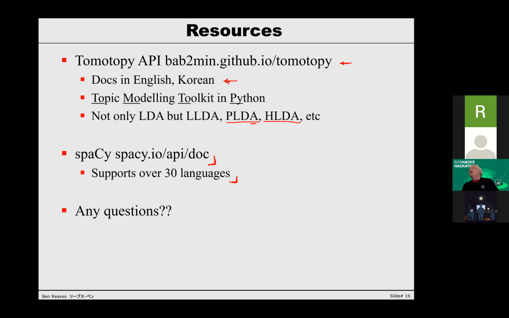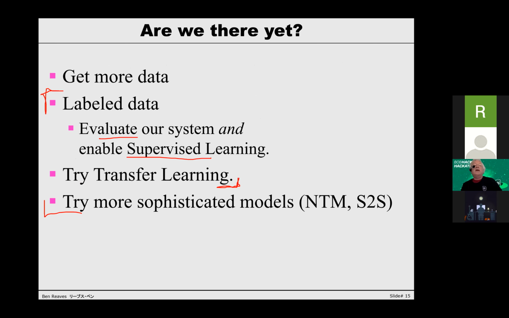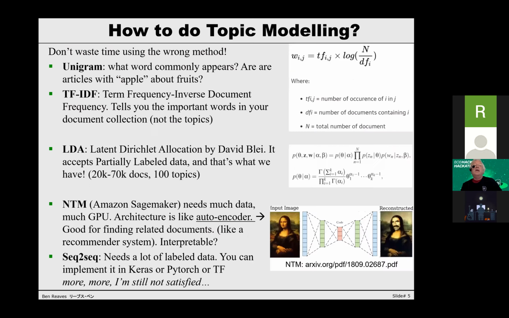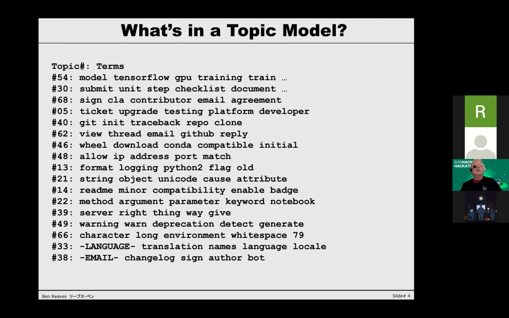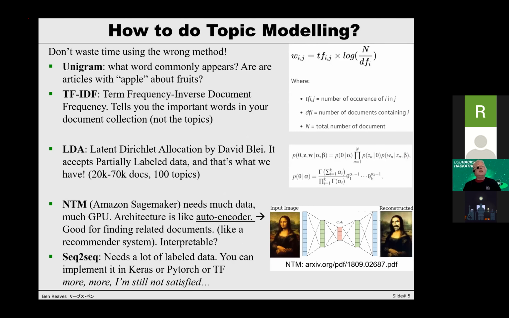presentation here. I see one question about TF-IDF. I'll go back to TF-IDF. It's a very simple one. Here it is. It's term frequency inverse document frequency. It basically tells you what the important terms are. It doesn't actually extract topics. You have a document collection and you put in a new document and it will tell you what words in your document are the most important words.